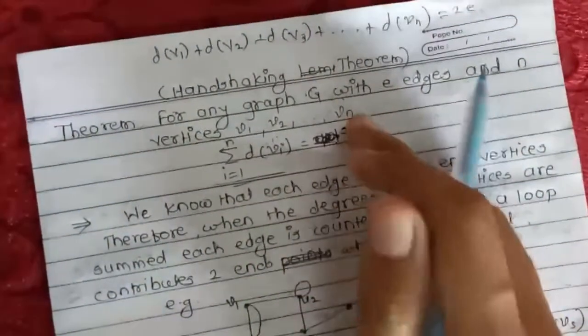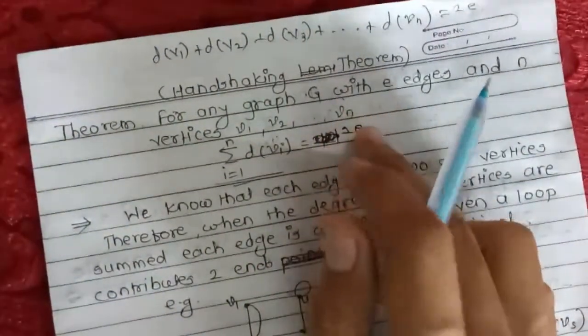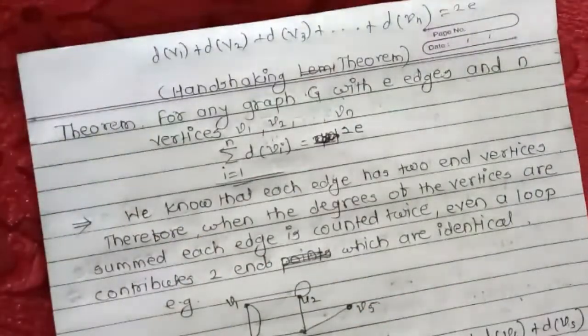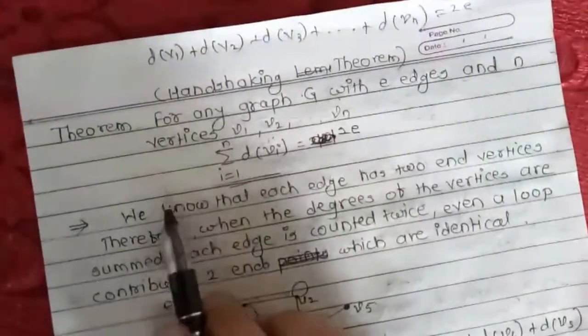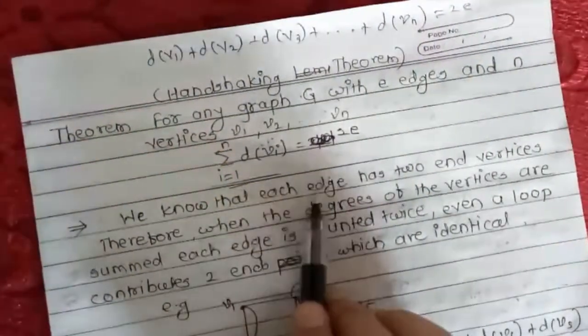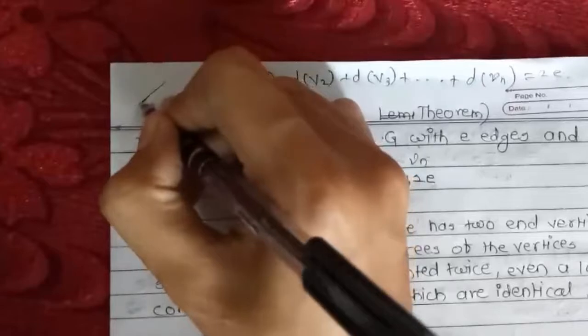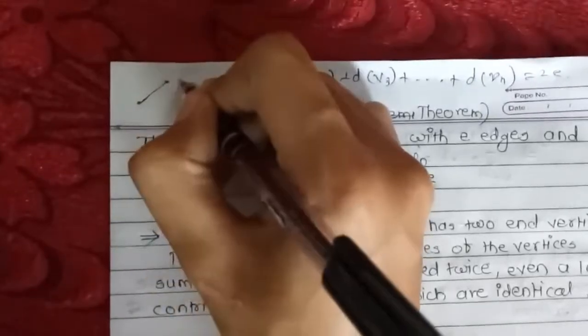Now we have to prove this statement, and we know that each edge has two end vertices. That means if you draw an edge, it has two end vertices.